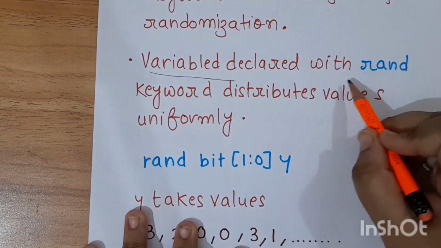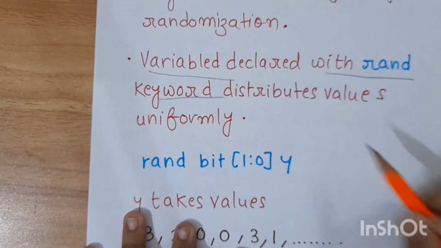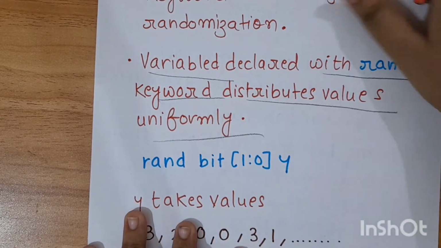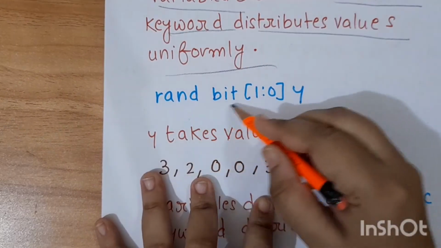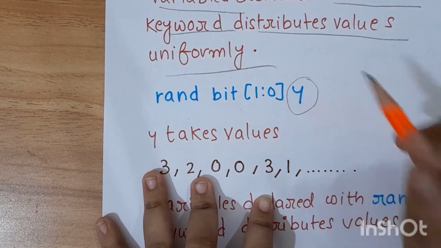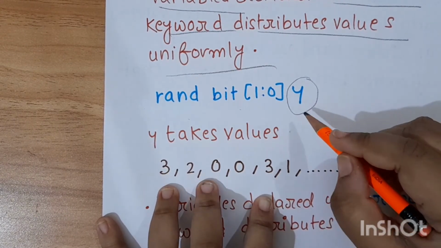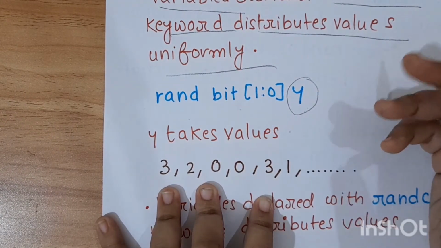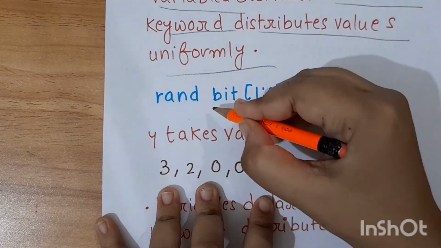Variables which are declared with the rand keyword distribute values uniformly. Distributing values uniformly means, for rand bit 1 down to 0 y, the value of y can be 0, 1, 2, 3. So there is an equal possibility of the value of y coming as 0, 1, 2, 3 when we have put rand.